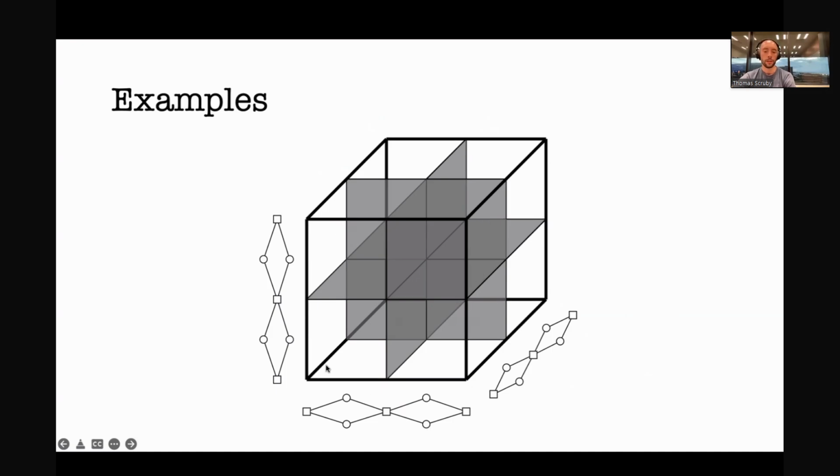And every cube in here is like the product of one cycle from each graph, right? So this cube down here is like this cycle times this cycle times this cycle. And this cube is like a 3D color code that's then joined to the other cubes depending on the gluings of these graphs, right?